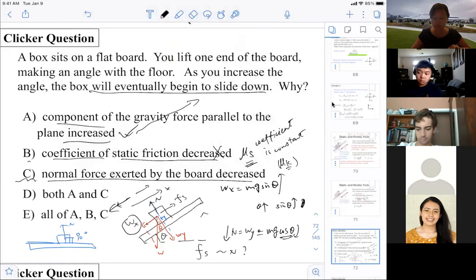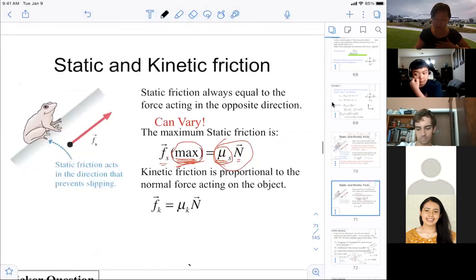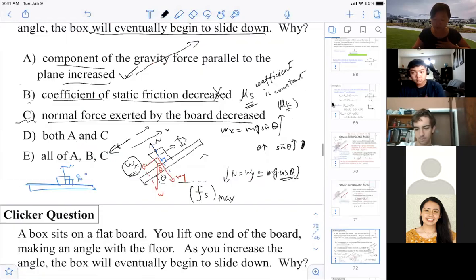So static friction here is trying to balance out Wx, that's along the ramp pointing down. And then we said, okay, static friction, you always calculate it by seeing which force is in the opposite direction. But when we're asking about the maximum amount of static friction, how do we calculate it? It is in the slide before this. Maximum amount of static friction is mu of S times normal force, right?